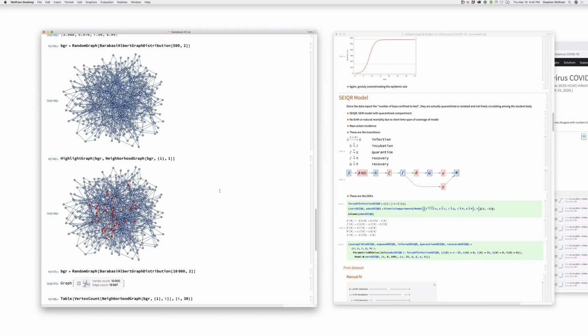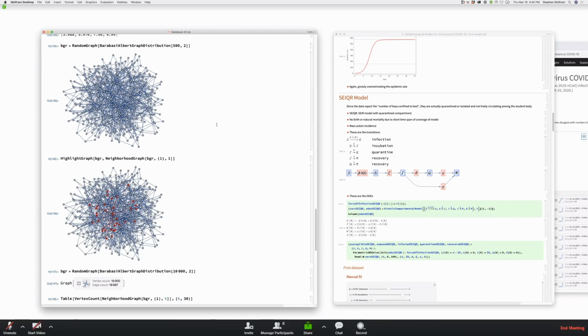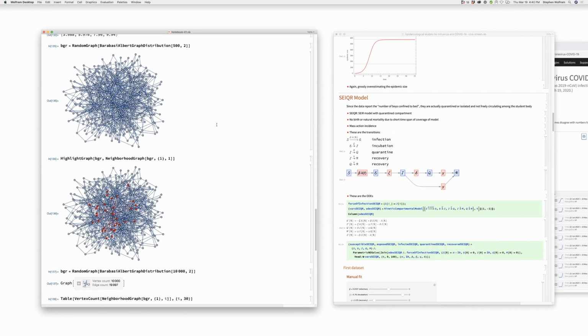When you have a complete graph, you'd expect that if you have one infected agent, then all of the agents are going to be infected the next step. So you need that extra modeling step that each agent doesn't meet with everyone it's connected to, but only meets some number in the next time step.